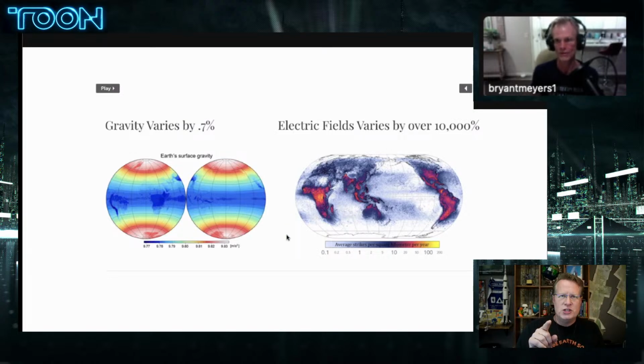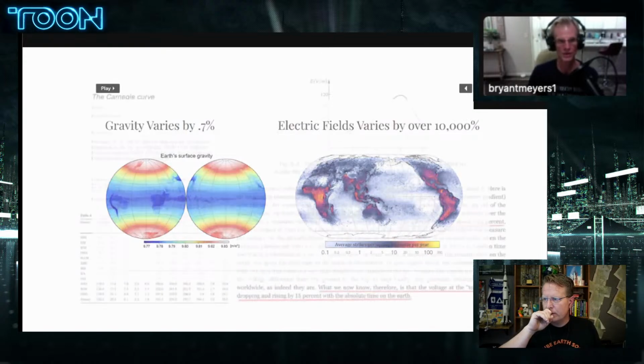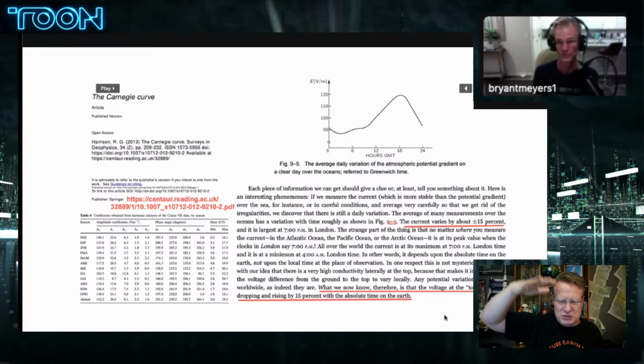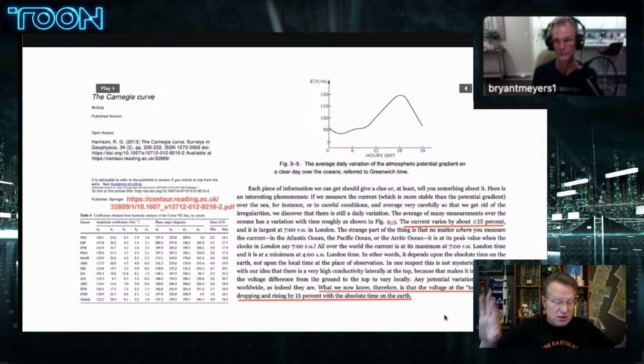You had a different one that showed that throughout the day it varies. Oh yeah, right, this is the Carnegie curve. So the Carnegie curve shows that this 100 volts per meter varies throughout the day, flat earthers. That's from the dome to the earth, and it's outside of this lightning idea.